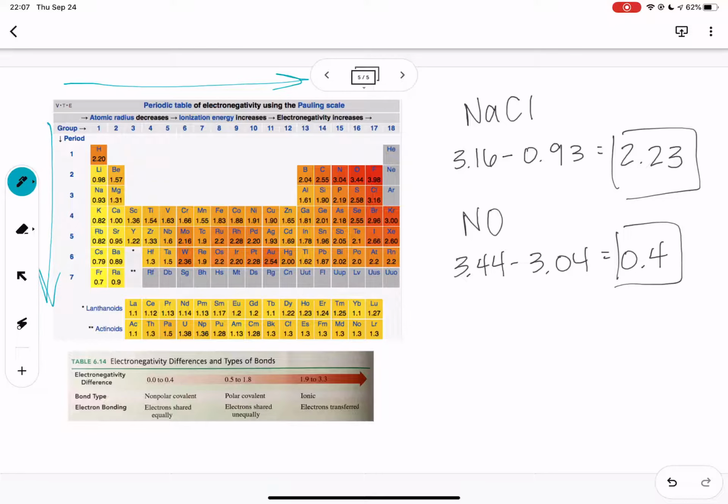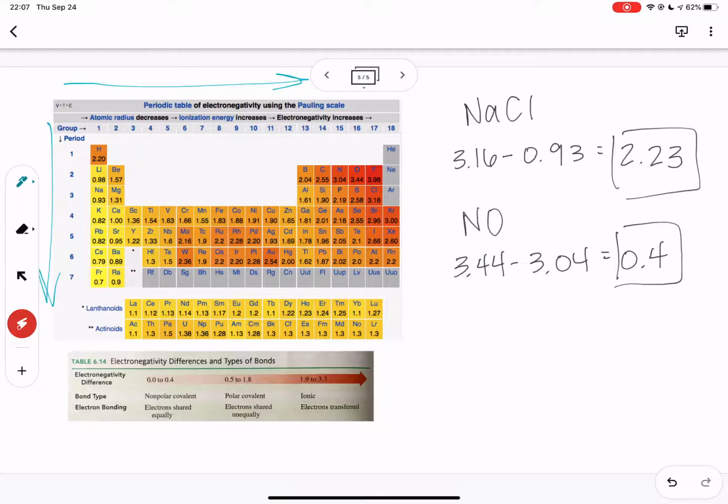And all these little numbers you see in the periodic table here are electronegativity values. What you're going to do with those numbers is take the difference in order to calculate if it's nonpolar covalent, polar covalent, or ionic. This can get a lot deeper, but this is just a very surface level understanding that you need to know.